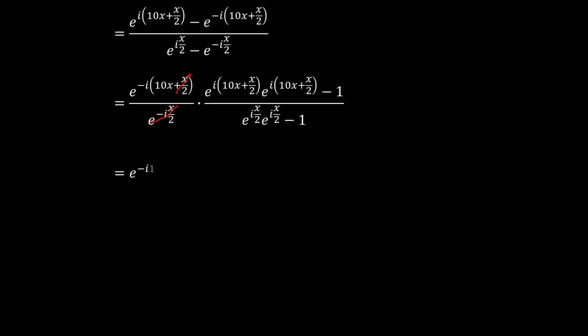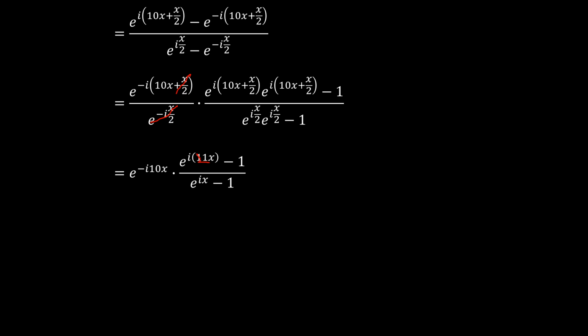And so we are left with e to the power negative i 10x, and then the extra terms. Apologies, this becomes 10 plus 10 plus 1, which is 21. So we have e to the power i 21x minus 1 over e to the power ix minus 1.